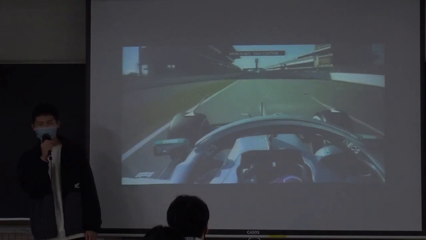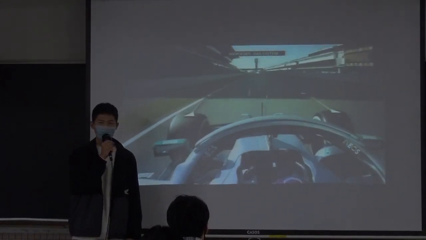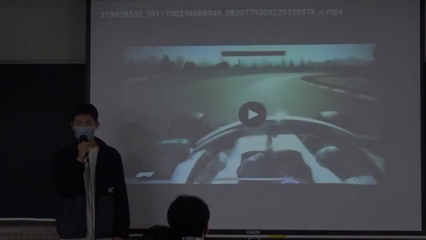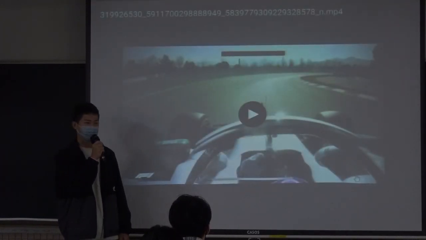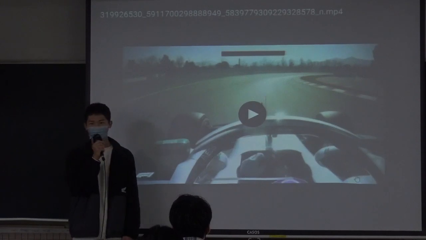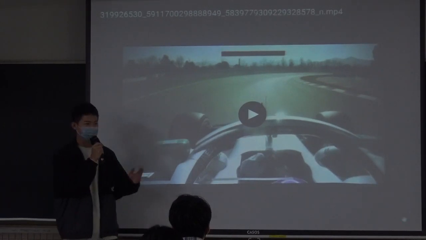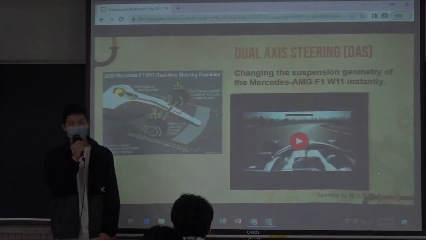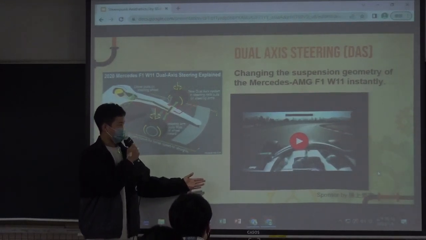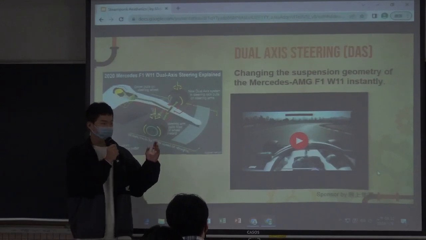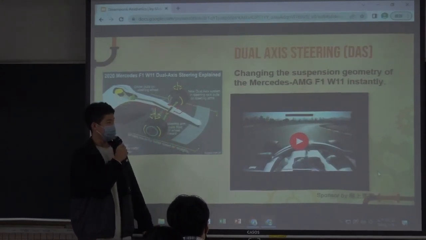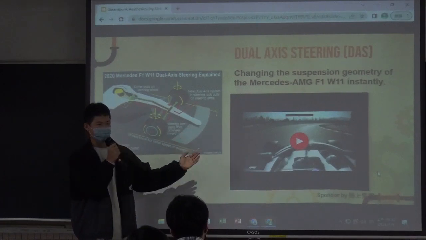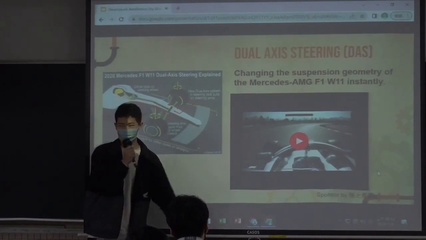The dual-axis steering system on the Mercedes AMG Formula 1 W11 allows the driver to unlock the steering wheel and pull back on it to remove toe in, or increase toe out. This system is a technology that can change the suspension geometry of the car instantly.